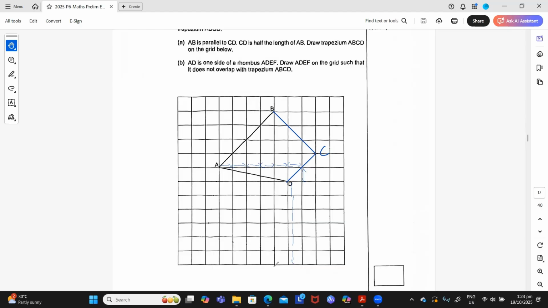Then from this direction you go down 1 unit. So you can draw your line for the rhombus. E will cut here like that. D will cut here like that. Then from here we go 1 unit, 2 units, 3 units, 4 units, 5 units, 6 units.